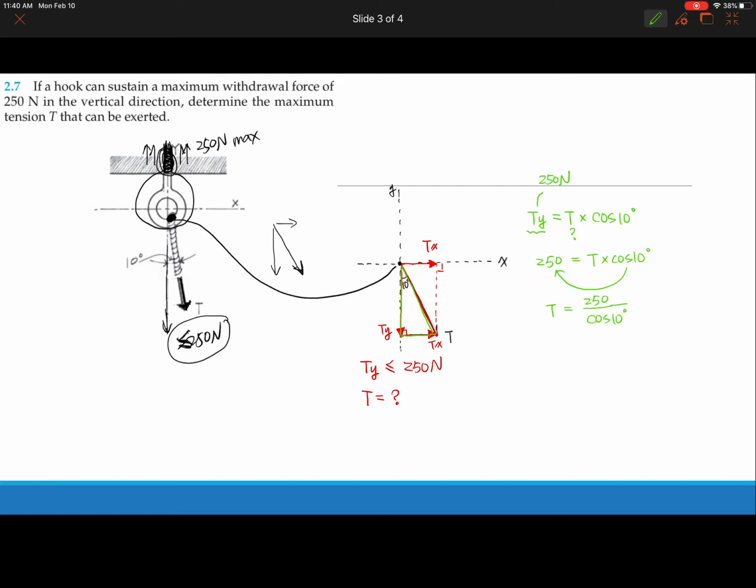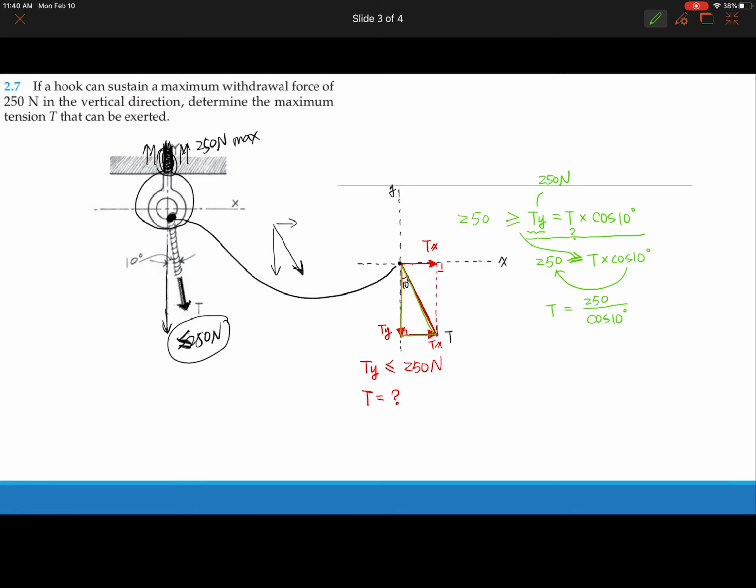Then why do we say this is the maximum tension T? Because if you use this equation, we know Ty is smaller than or equal to 250, which means T times cosine 10 degrees is smaller than or equal to 250.